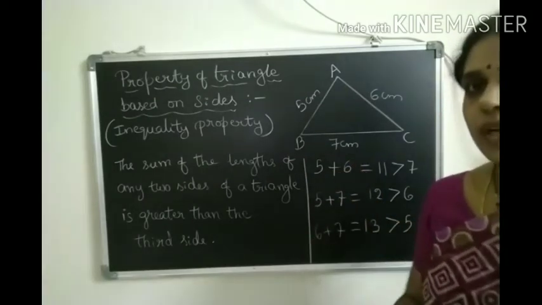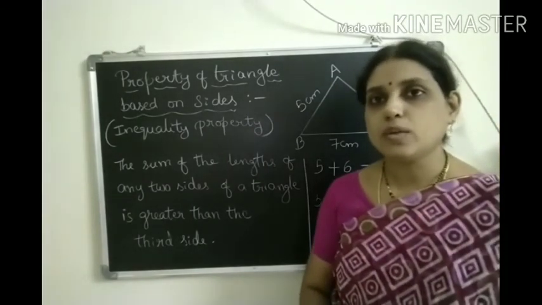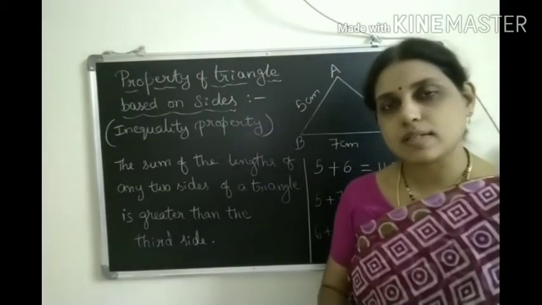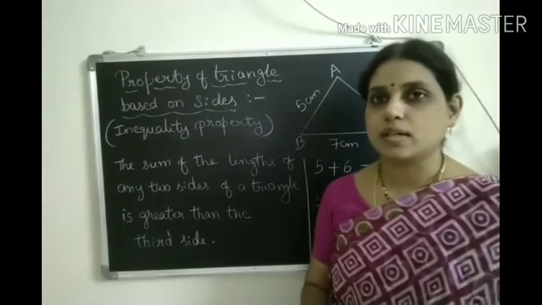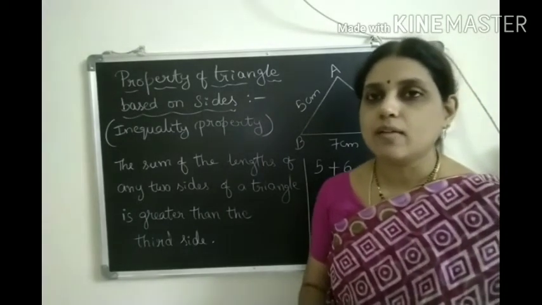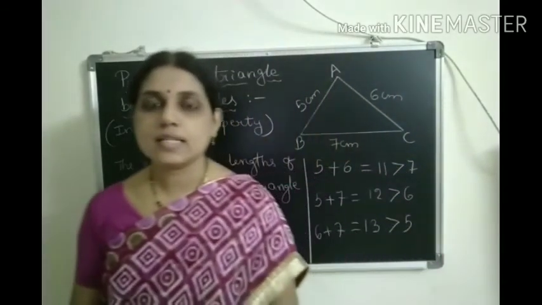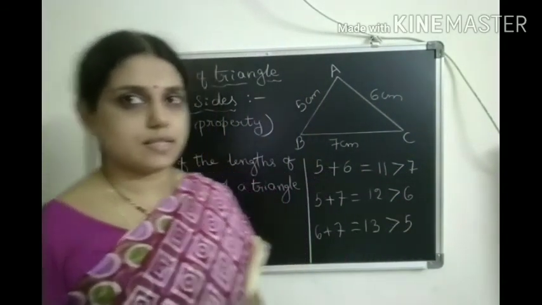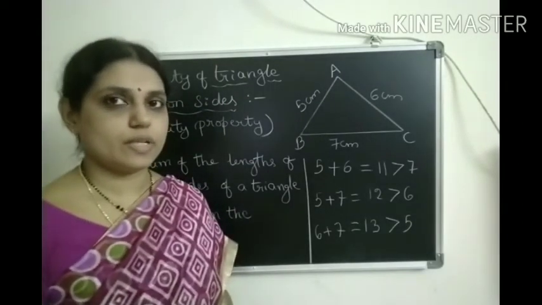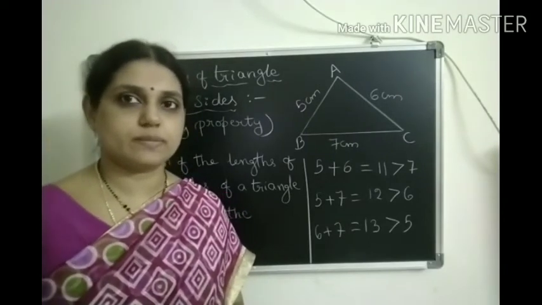Even you children can draw any one triangle, and measure the lengths of the sides using a scale, and then check whether you are getting it like that or not. So definitely for any triangle the sum of two sides is greater than the third side. Is it clear? That is the inequality property. Please check by drawing one triangle in your notebook.